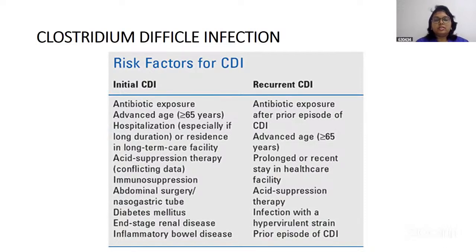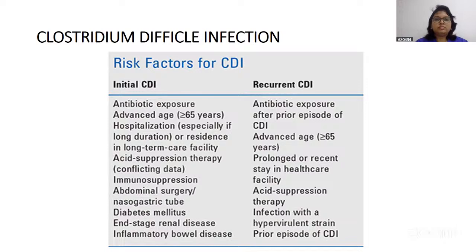Another important gram-positive infection I wanted to make a note of here is Clostridium difficile infection, which can cause pseudomembranous colitis and antibiotic-associated diarrhea. The incidence is almost 25% in immunocompromised individuals.